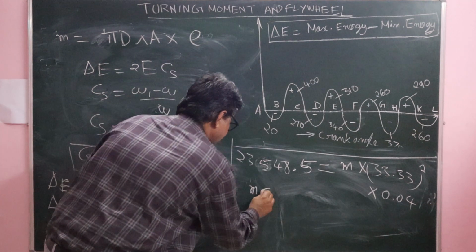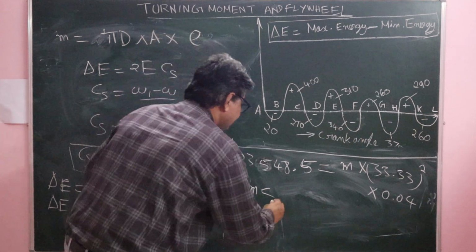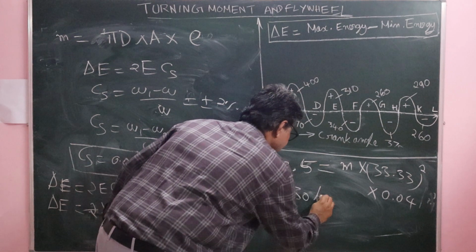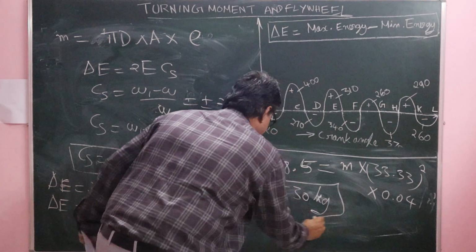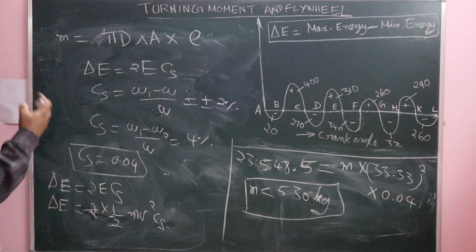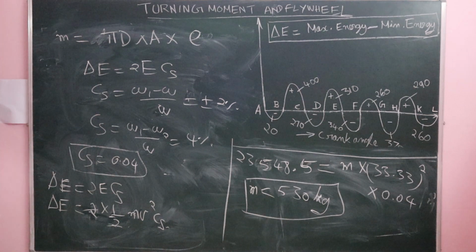Therefore, M is equal to 530 kilograms. This is the mass of the flywheel rim. We have found out the mass of the flywheel rim, M is equal to 530 kilograms.